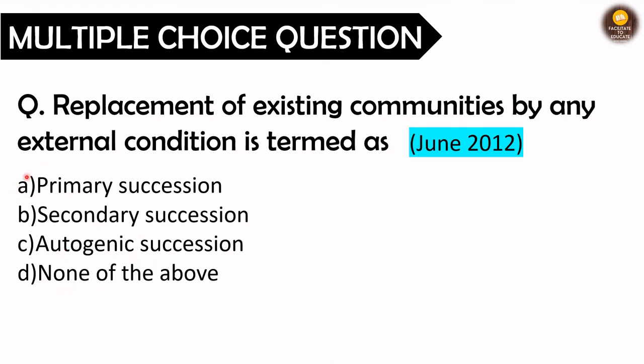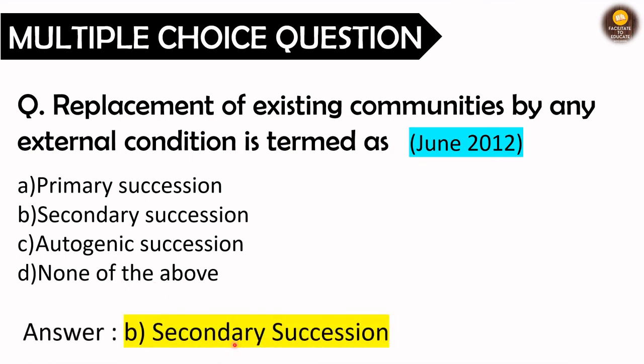So primary succession is not this, because there is no existing community there, there is no organism that is already existing there. So the correct answer to this question will definitely be secondary succession, because it is the replacement of existing community. There has been some community living in an area and it has been replaced.